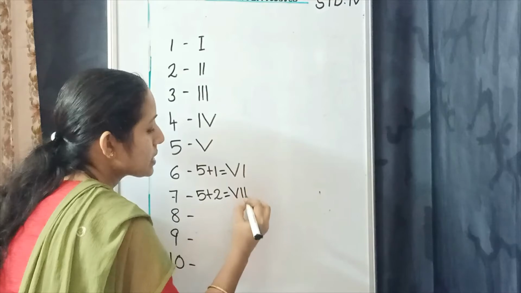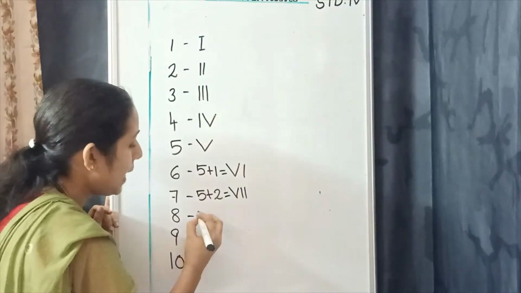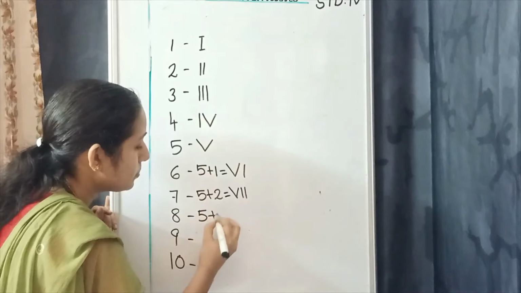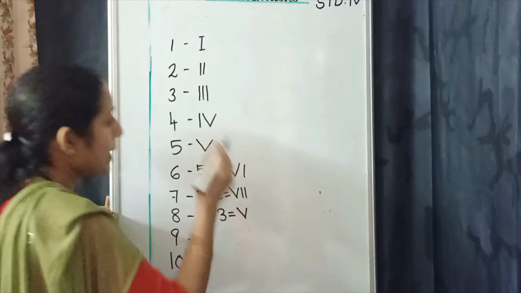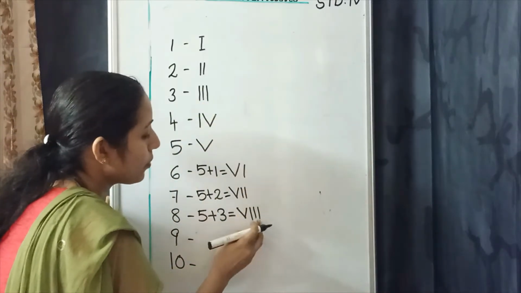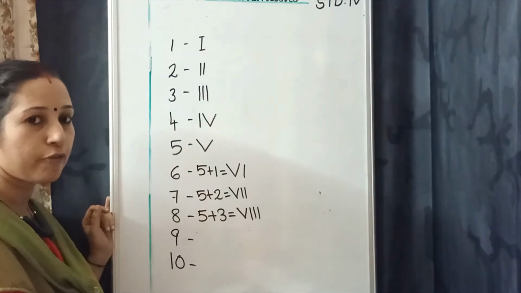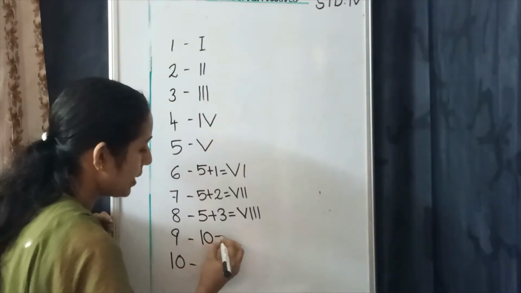So this is the Roman numeral for 7. And 8 is 5 plus 3. 5 means V and 3 means III. So this is the Roman numeral of 8.